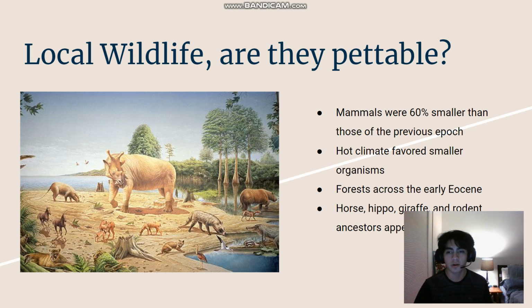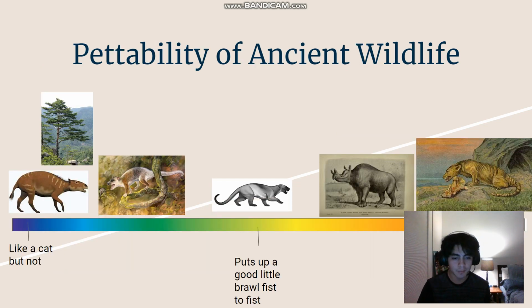So you probably are wondering, for the safety of your kids and petting zoos everywhere, how petable are they? So I did the duty of making this little graph for you to demonstrate the safety for your kids. On the left side, we see an ancestor of the horse, which is very small at this point.